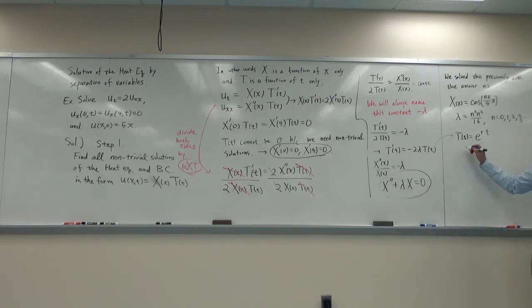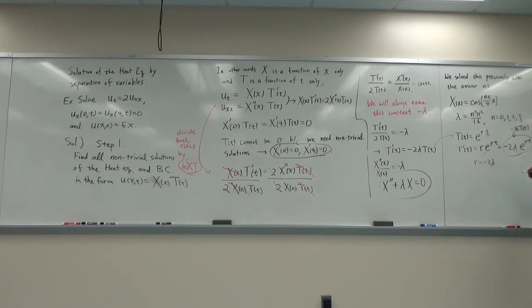Right? What is T prime of t? R times e to the rt, right? And that has to equal negative 2 lambda T(t), but T(t) is e to the rt. So this one here is negative 2 lambda T(t). So these two have to be the same, cancel both sides, and we see that r must be negative 2 lambda.